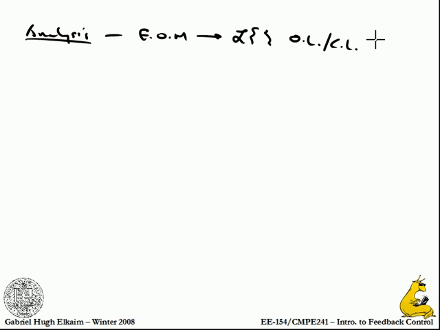All right, we've done analysis, and our analysis tools are actually pretty good at this point. We've gone fairly far down this road. We can now go from equations of motion to Laplace transform, to closed loop, to open loop and closed loop transfer functions.